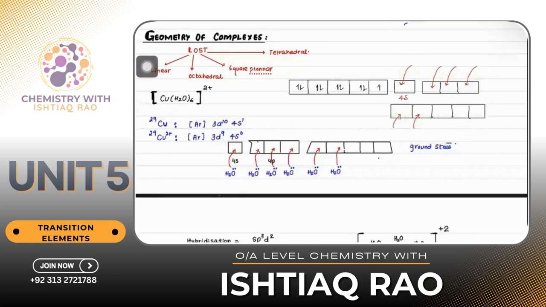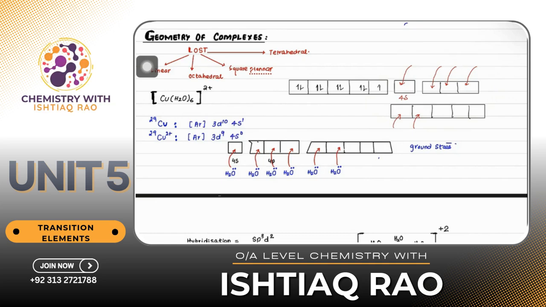You know why? Because they are empty orbitals. So water can donate its lone pair. It's very simple. There is an empty space, so water will be donating its pair of electrons to that metal cation, right?